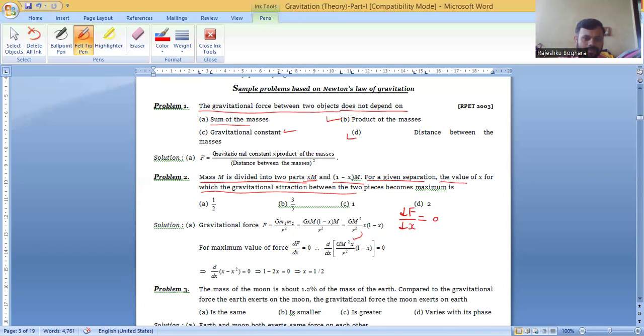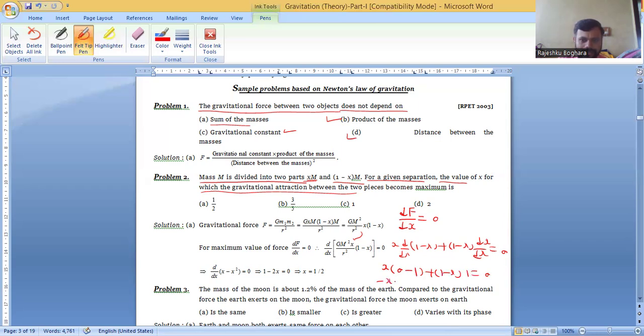Put this value, G m square upon r square times x (1 minus x). This is the constant. Then we write d by dx of x(1 minus x): x times the derivative of (1 minus x), plus (1 minus x) times dx by dx, equal to 0. The differentiation of 1 is 0, and x gives minus 1, plus (1 minus x) times 1 is equal to 0.